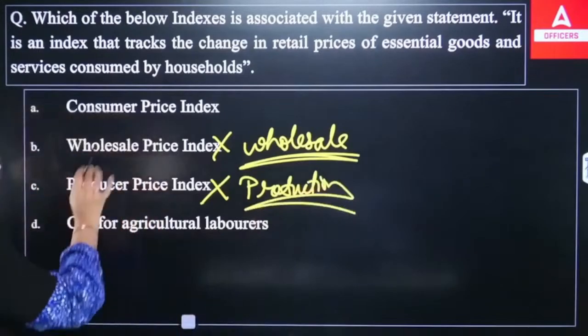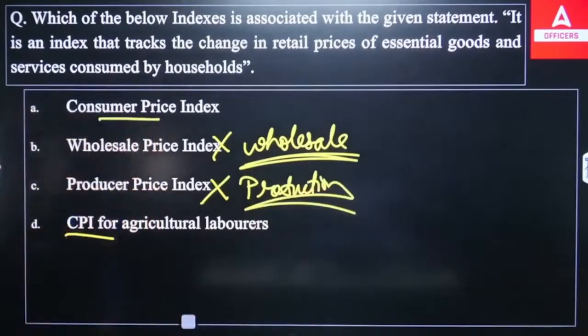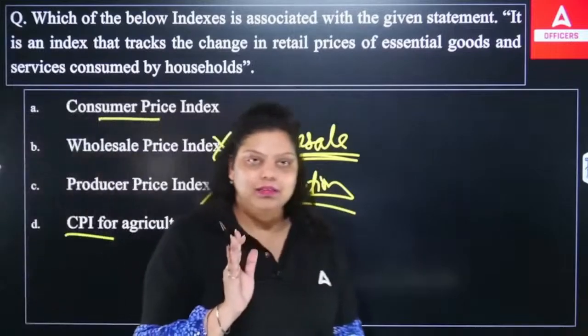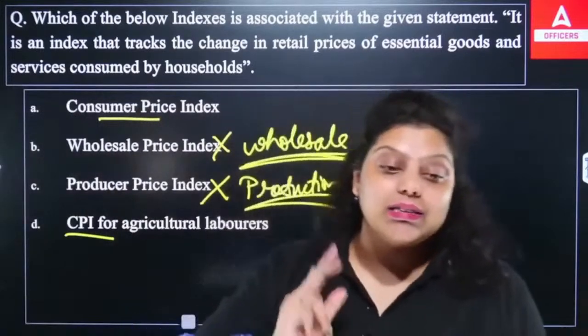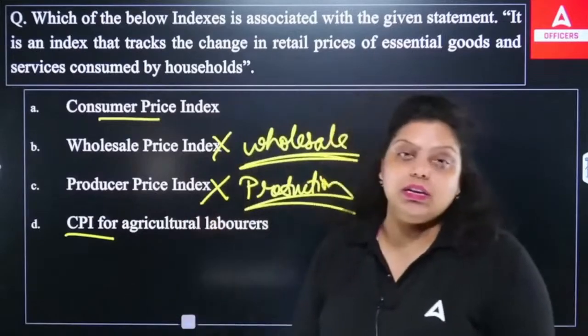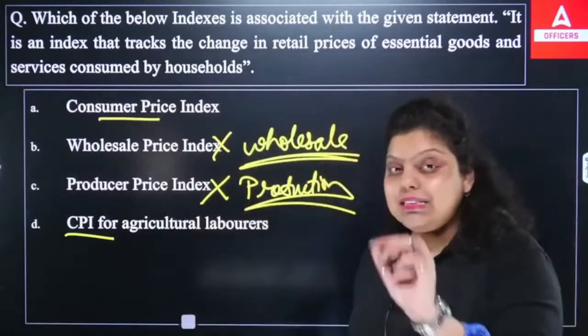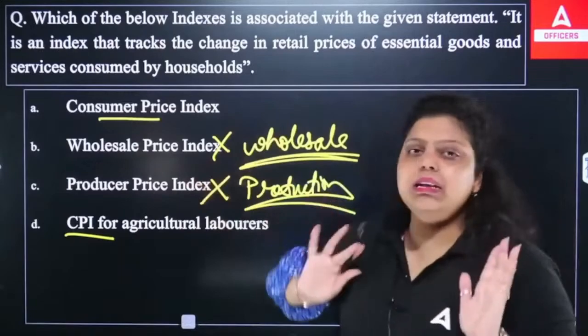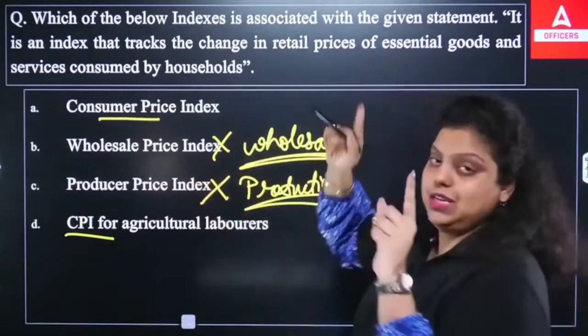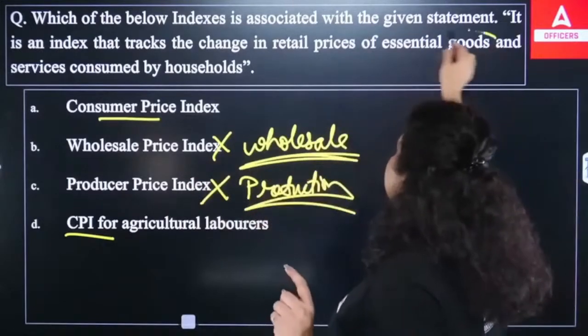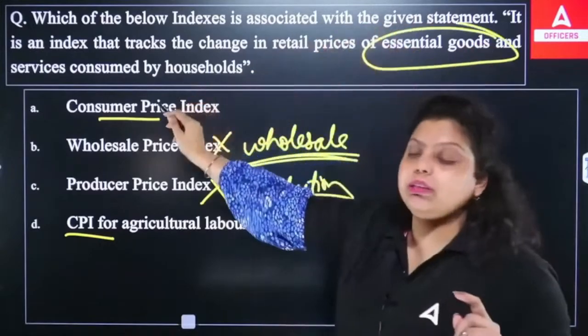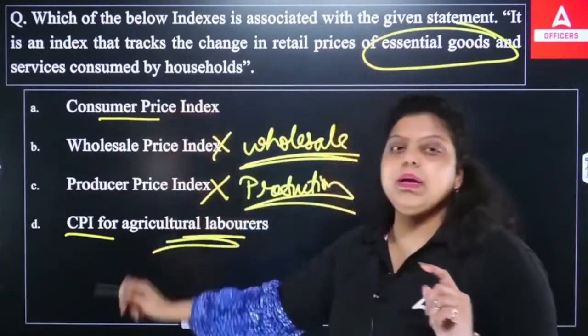Okay, so we have two options, consumer price index and here the CPI also. So this is what we know, that WPI measures the inflation at the wholesale level and CPI measures the inflation at the retail level, right? So in this situation, A and D can be right. Out of these two, one can be right. Now we are talking about essential goods and services consumed by the household. Here you are talking about CPI for agriculture labor.